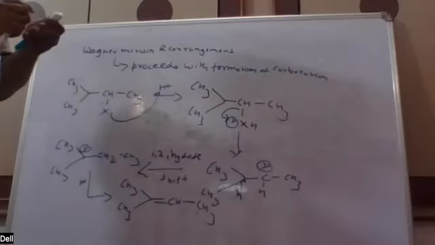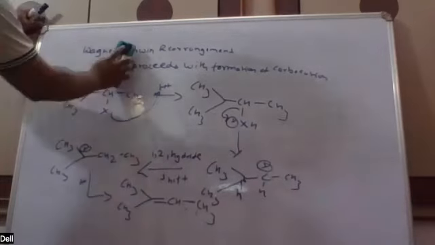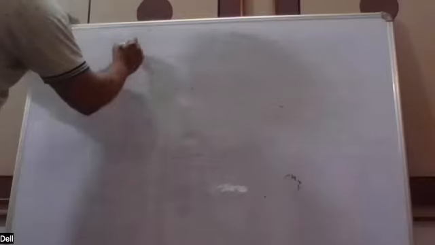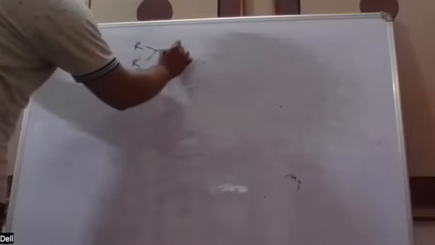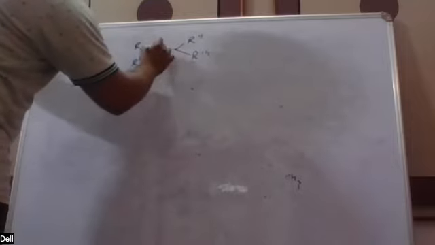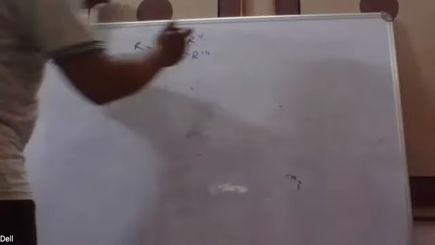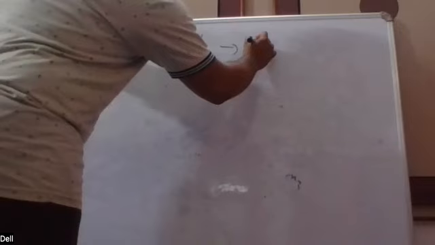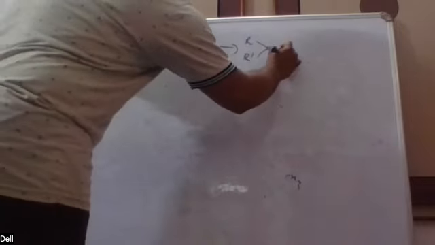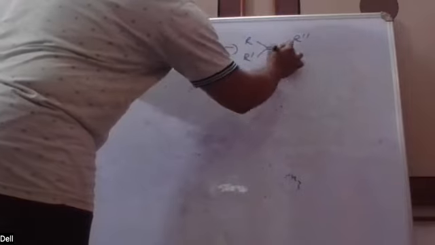Like in case of elimination reaction, if we are having R, R prime, R double prime, R, if a 3-degree substrate is there, in case of elimination reaction, the product formed will have unsaturation, and the two H and X groups will leave from here.